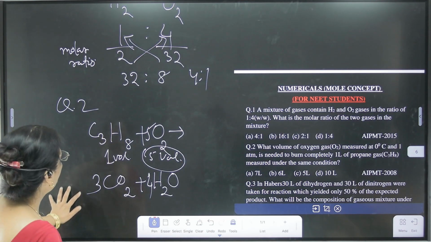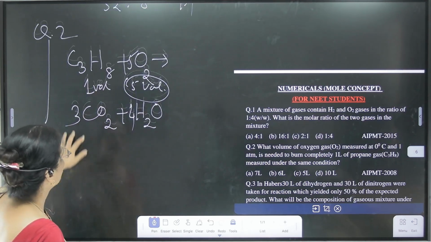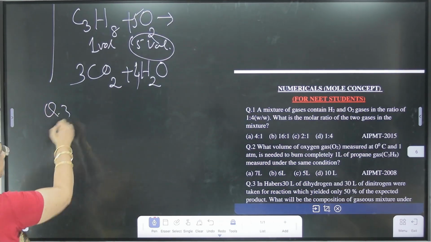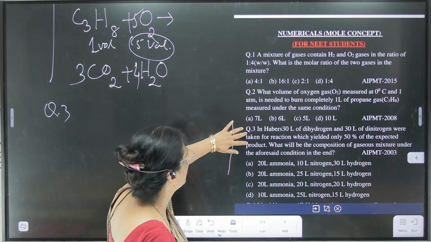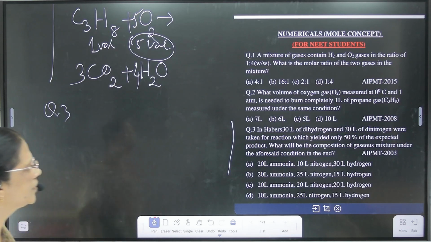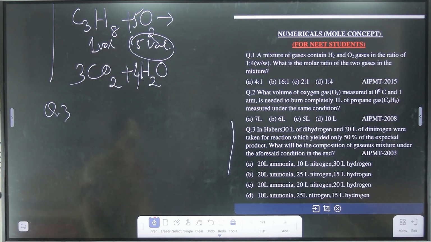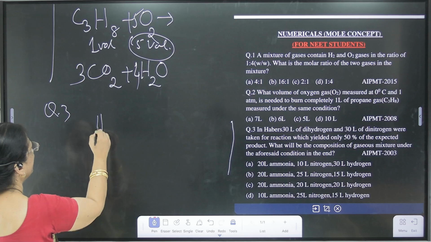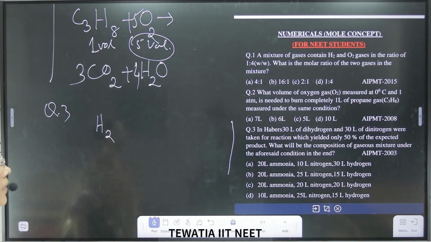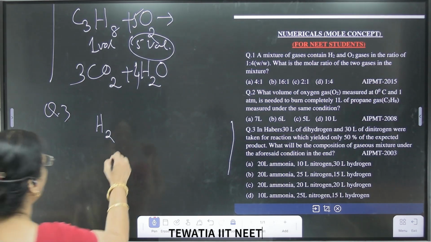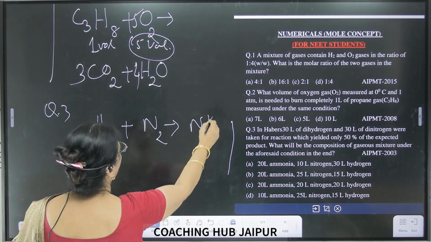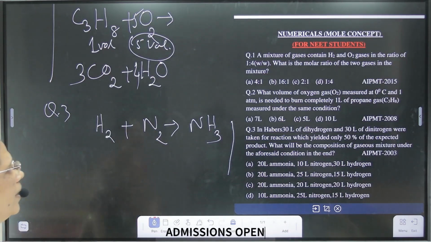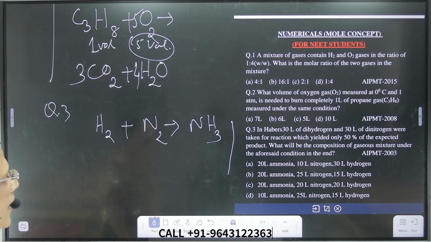Now question number 3. In Haber's process, 30 liter of dihydrogen and 30 liter of dinitrogen were taken for the reaction, which gives ammonia, but yielded only 50% of the expected product.